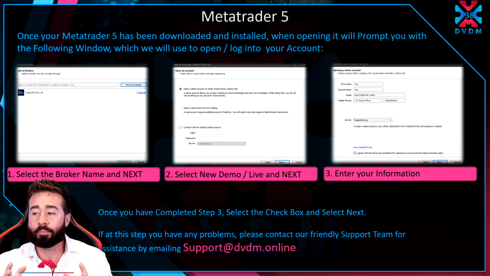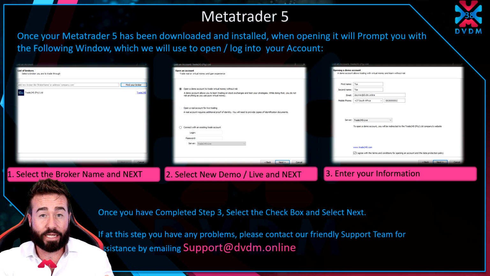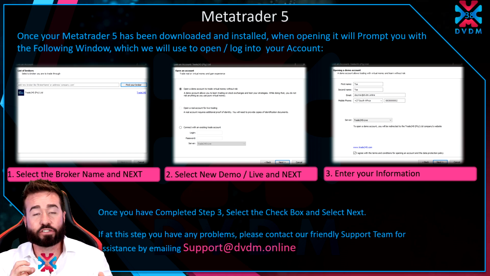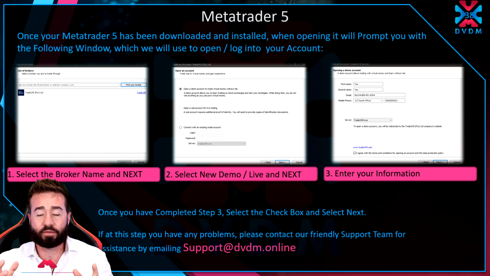Select the broker name, select real or demo, provide a little bit of your information, and hit next. This will in most cases send you an email to verify these are your login credentials. These login credentials you can also use to log in on your cell phone if you download the MetaTrader 4 or MetaTrader 5 app on your phone through the Play Store or the iOS App Store. But generally, once you have downloaded and set up, you are good to go.